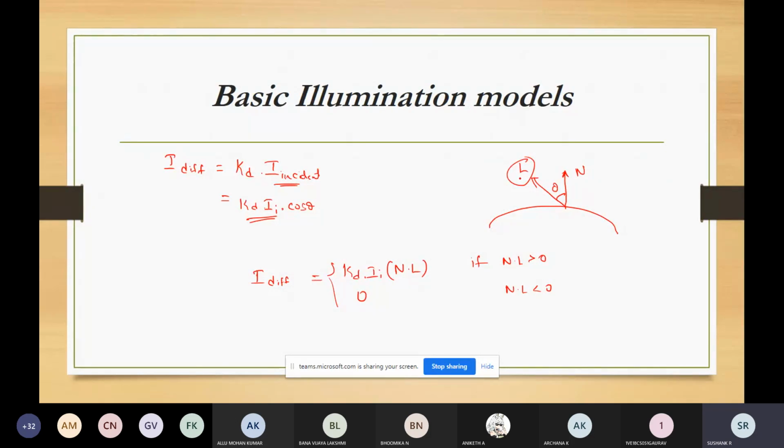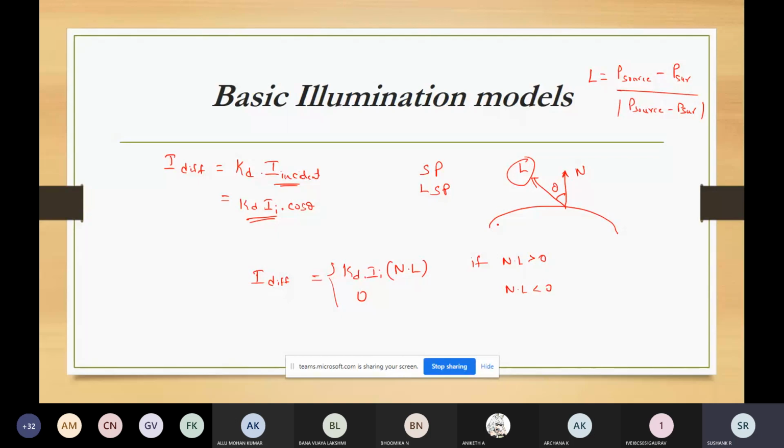It is given by L equals P source, which is the light source position, minus the surface position, divided by the modulus of P source minus P surface. You can use this formula to calculate the L value.